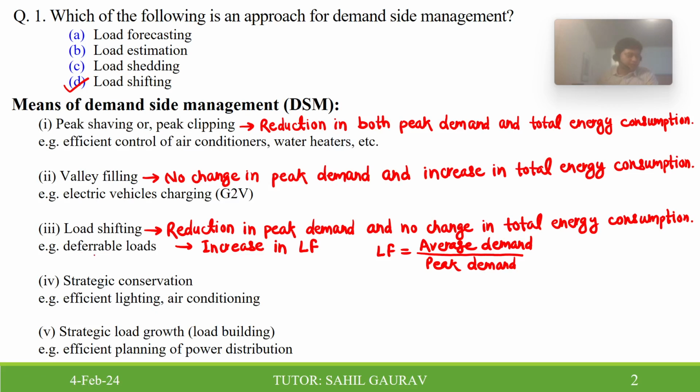Deferrable loads means you can have washing machine, dishwasher, and non-deferrable loads, whose time we cannot shift, like medical healthcare equipment, kitchen system, lighting system. It should run at that time.